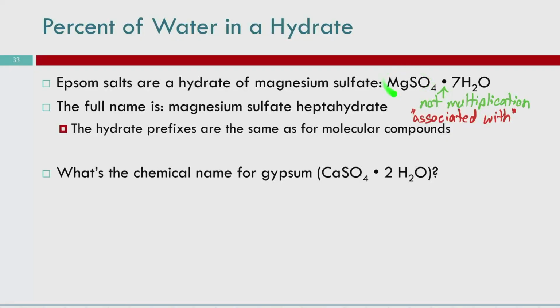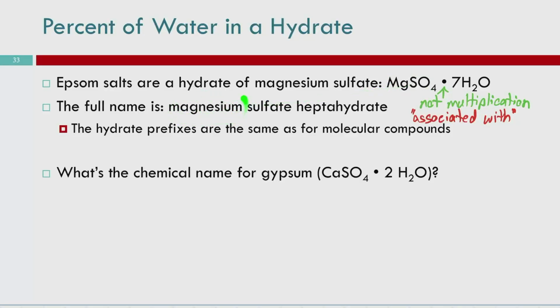So for every MgSO4, there are also 7 water molecules attached. How they're arranged, somebody knows, I don't. But they're in there. And the full name for this would be magnesium sulfate. Mg is magnesium.